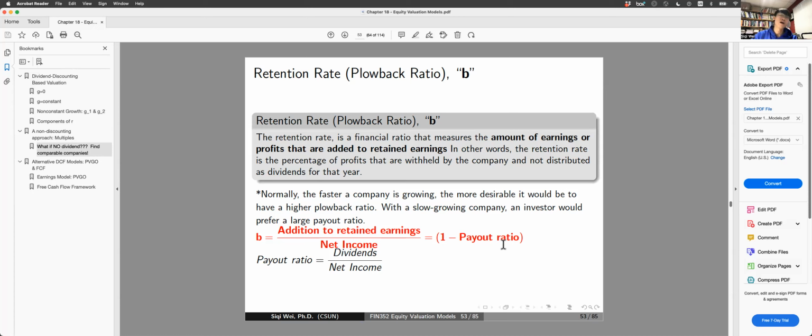So of all the dividend payout, how much you are going to preserve for future growth. So how to determine the payout ratio? Well, that's the dividends divided by the net income, right? So you can extract all this information from your income statement and the balance sheets.